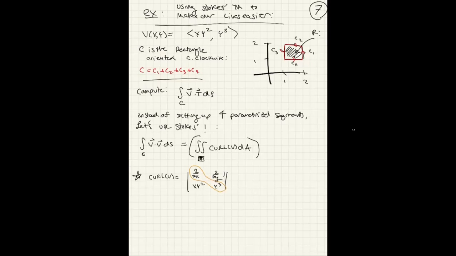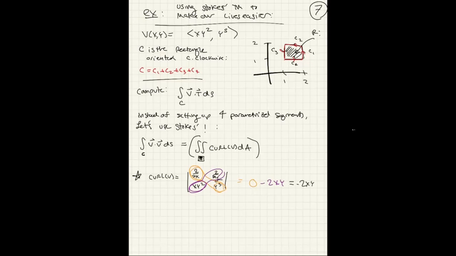So in the yellow, I'm taking a partial derivative of y to the 5th with respect to x, that's dead 0. And then I'm subtracting when I take a y derivative onto this piece, and I get 2xy. So that tells me my curl is just negative 2xy.